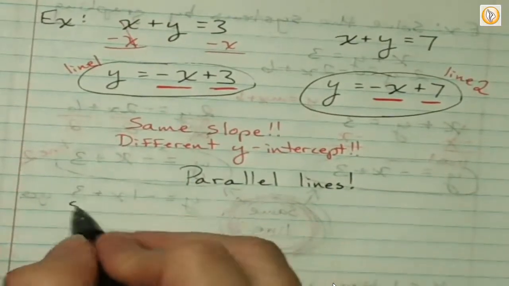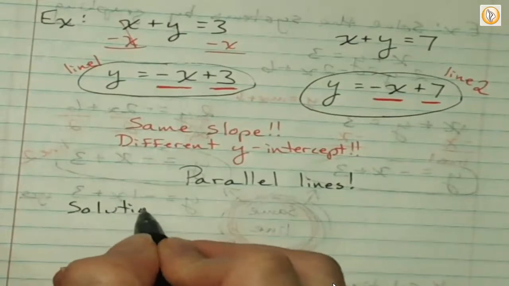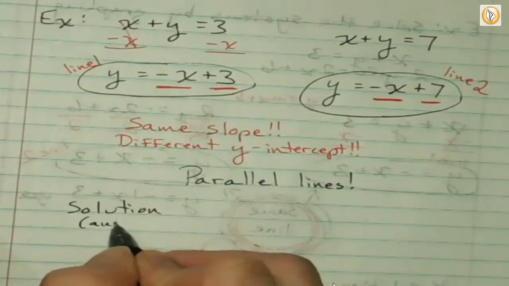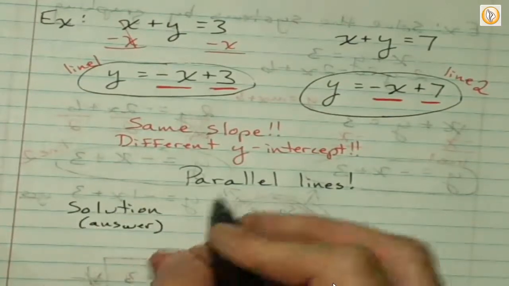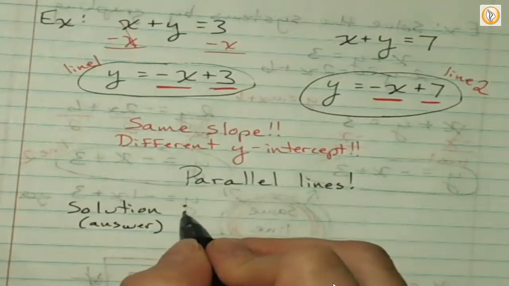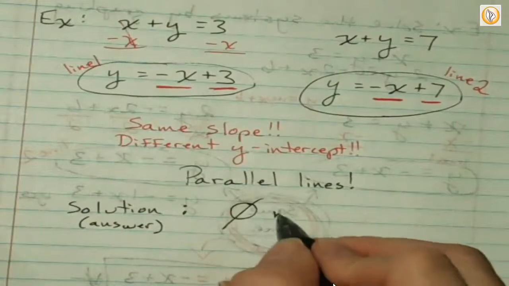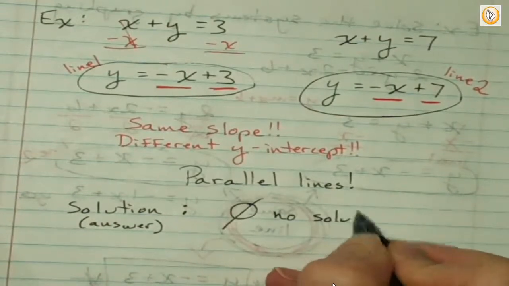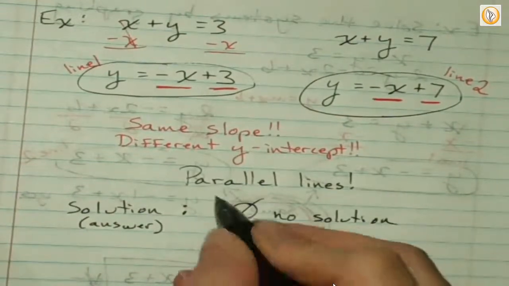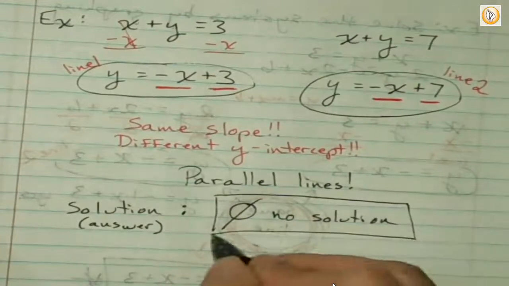So your solution or your answer is no solution. So just, do they ever cross? No. Therefore, there's no solution.